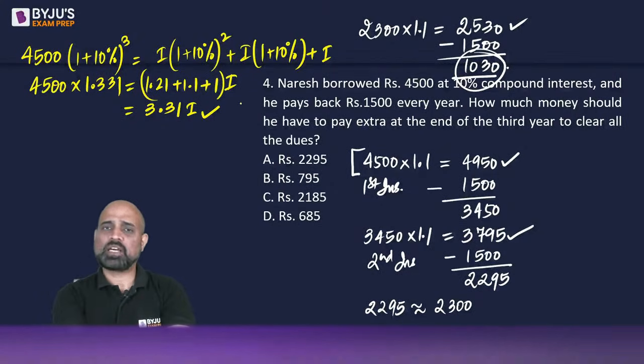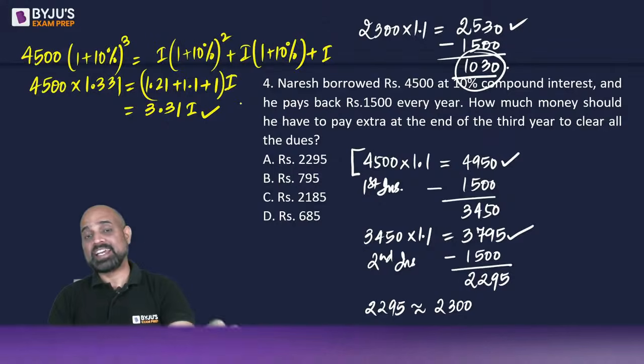So the installment, if you look, should be more than 1,500. So how much should that be? It's going to be approximately 1,800.